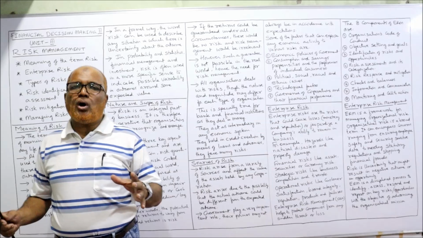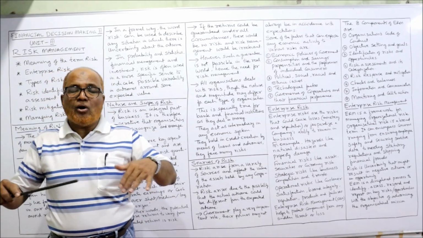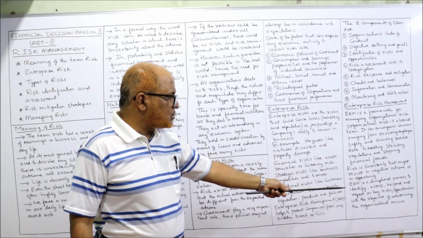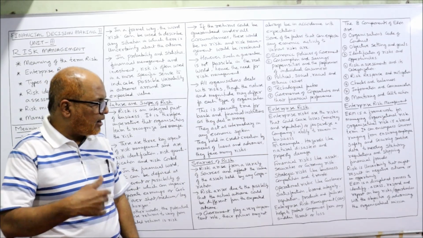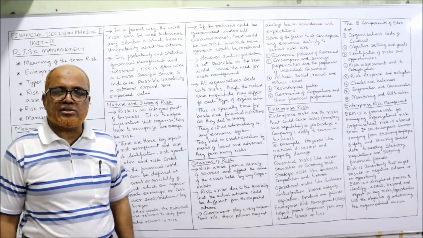The risk is uncertainty that might result in a negative outcome or an opportunity. We should not think that always risk will be negative. Sometimes we'll get the opportunities. Then ERM is a disciplined process to identify, assess, respond and report. The last paragraph is very important. ERM is a disciplined process.